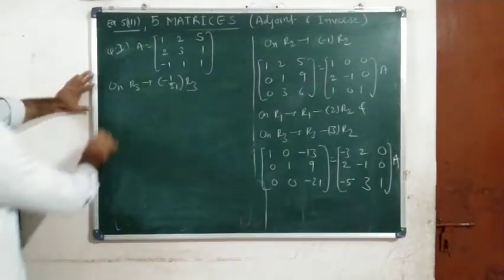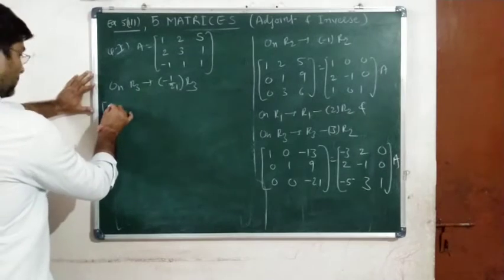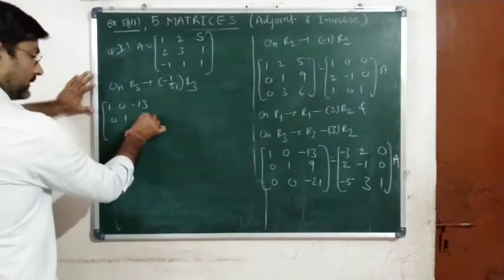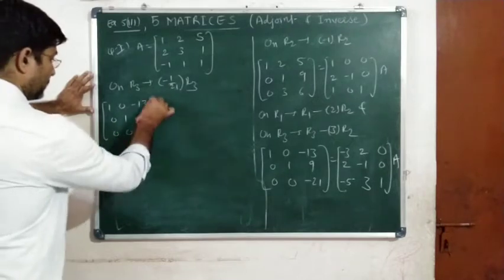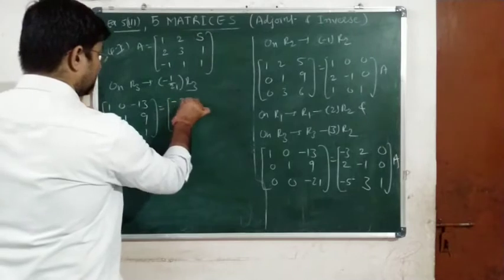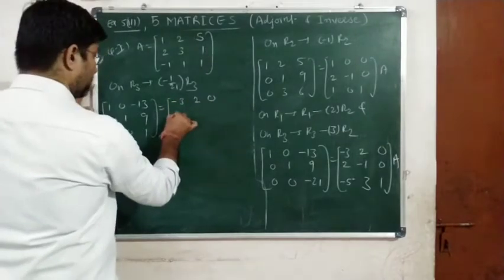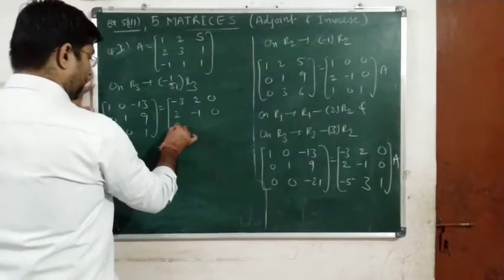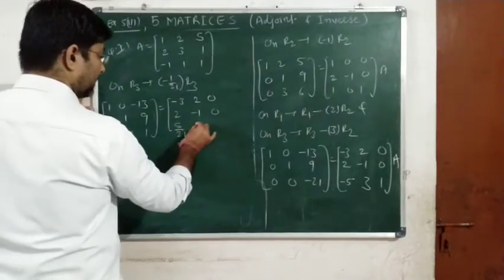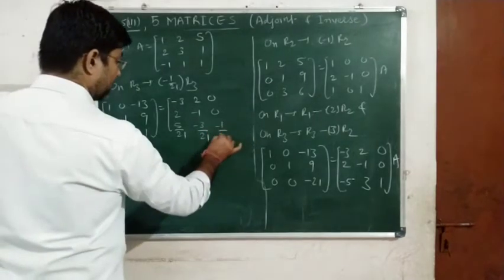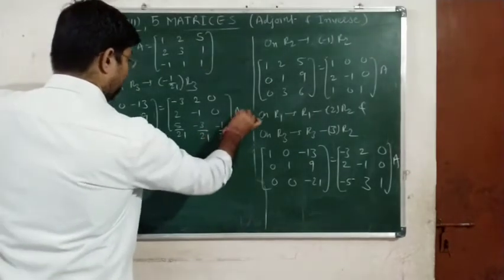Yes, so 1 0 minus 13, 0 1 9, 0 0 1, minus 3 2 0, 2 minus 1 0, 5 by 21, minus 3 by 21, minus 1 by 21.